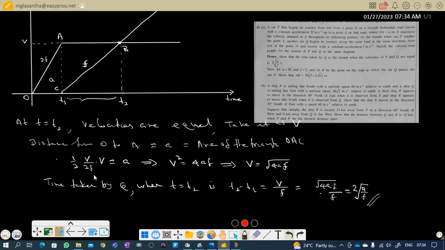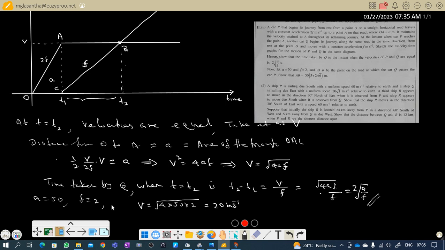The next part, they have given that a equals 50, f equals 2. Then what is v? v equals square root of 4 into 50 into 2. So this equals 20 ms minus 1.